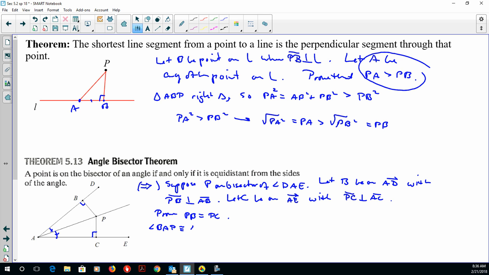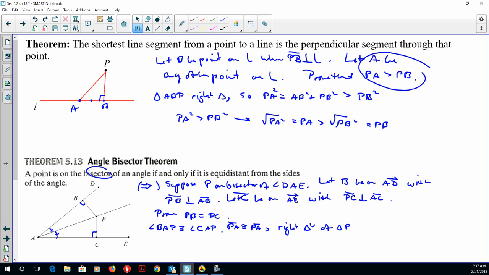Okay. I also have that PA is congruent to PA. Okay. And I have right triangles, triangle PBA and triangle PCA.